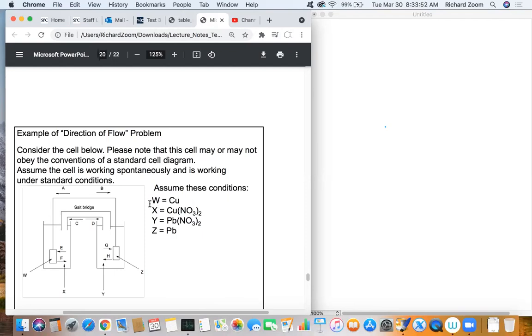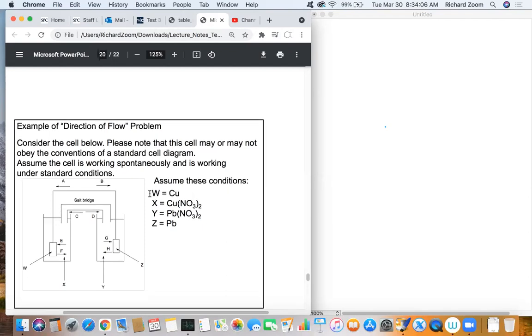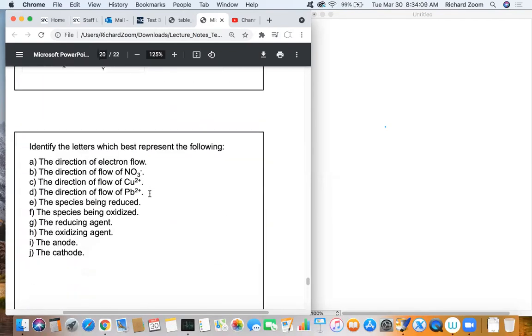Just as we were talking about earlier with the single displacement reaction. Spontaneous reactions are only going to result if we have a positive E0 cell. So depending on the direction, it's going to be positive or negative. So let's take a look at how we determine that.